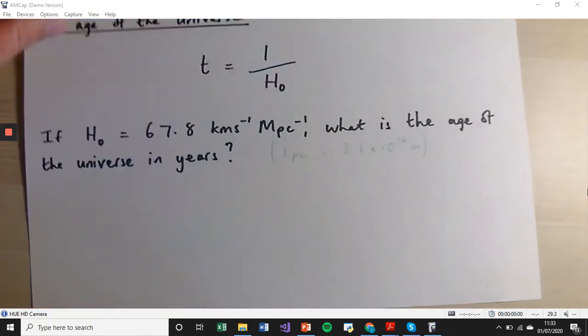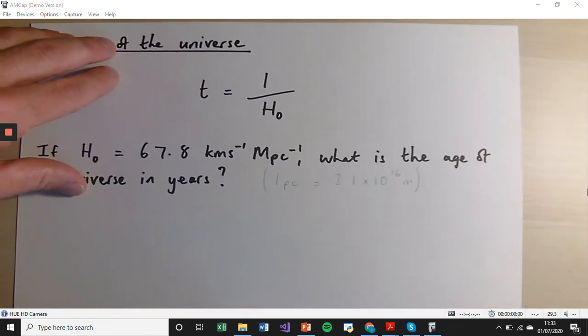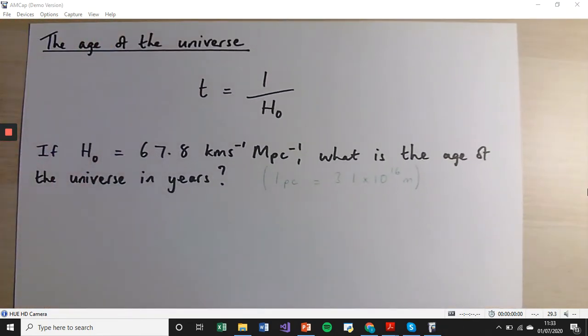Going back then to Hubble's law and the Hubble constant, this is where it becomes really interesting and really useful. With the Big Bang, if we take what Hubble saw to be true, that everything is moving away from each other, the universe is expanding, then if we go back in time, everything will be a little bit closer together.